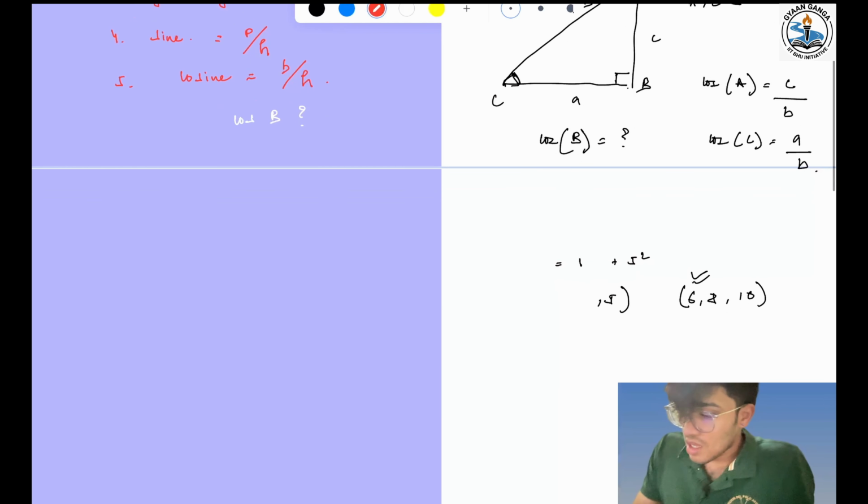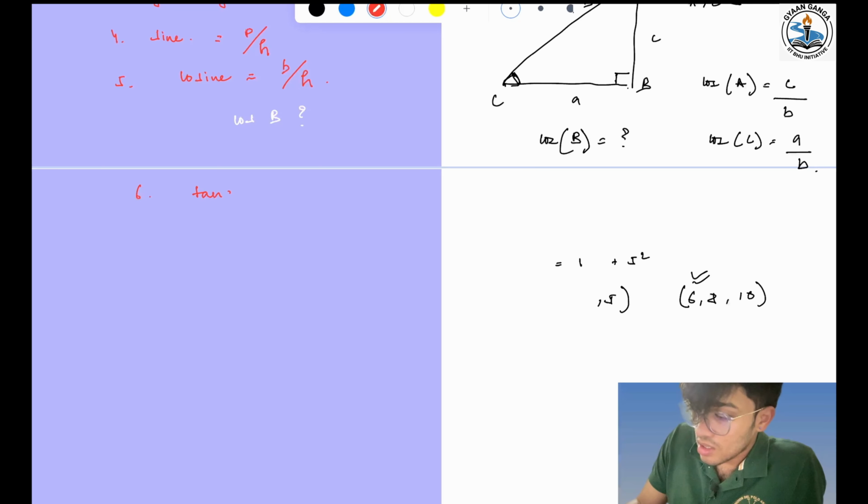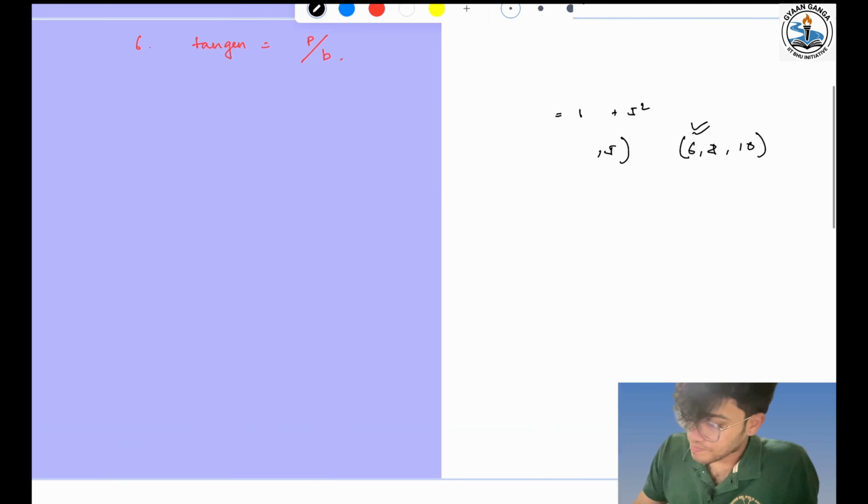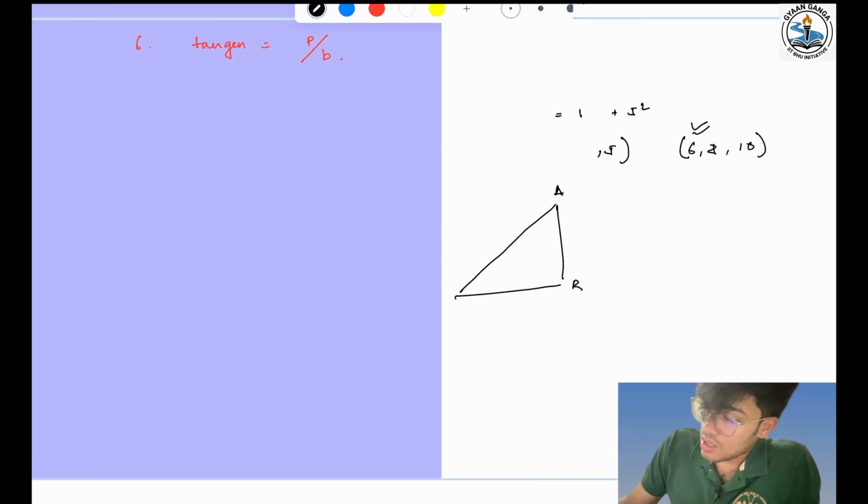Okay. Another function that I want to establish here is tangent or tan function. Tan is the ratio between perpendicular and base. So you have this triangle ABC.